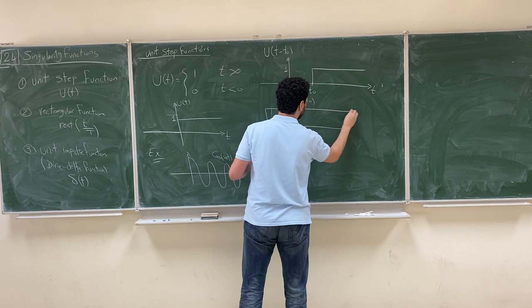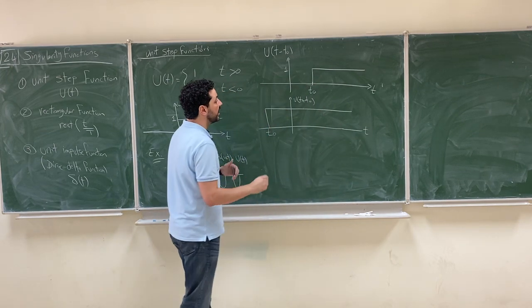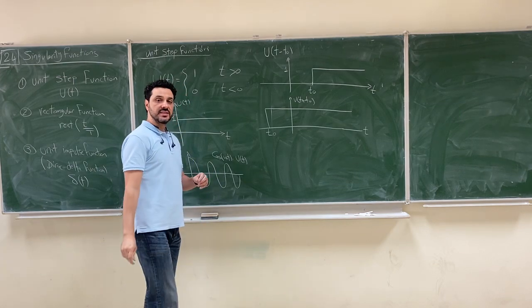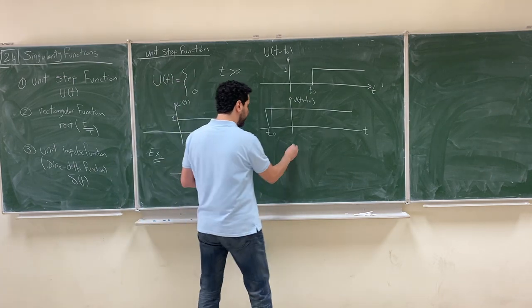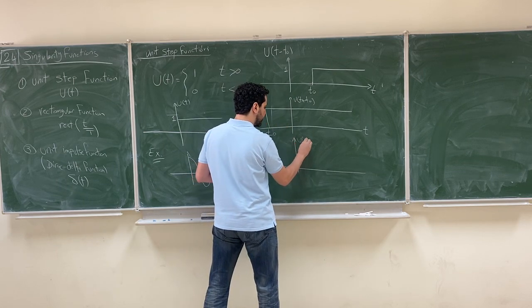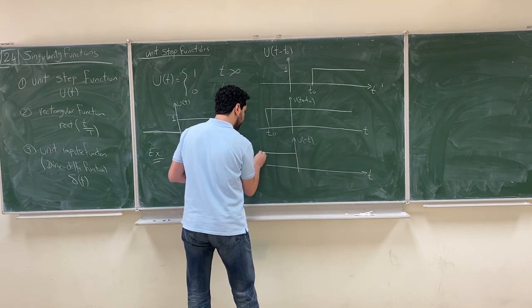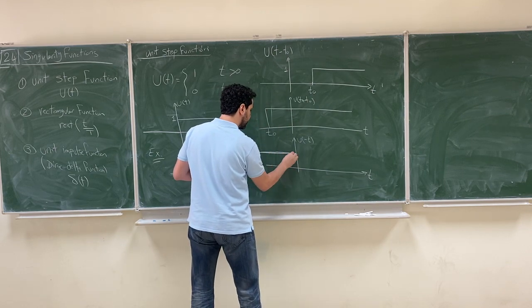It will start from here, right? If you reverse the t, if you take u of minus t, what happens? This is time reversal, right? So u of minus t, it will look like this.